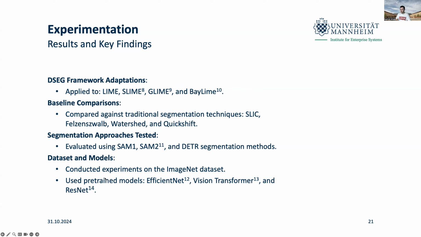For the dataset, we mainly conducted our experiments on the ImageNet dataset, so our quantitative and qualitative experimentation is mainly done there. However, we also tested it on zero-shot classification with CLIP on other datasets, and it still performs quite well. The pretrained models used are EfficientNet, Vision Transformer, and ResNet, to have different model architectures that we can test.